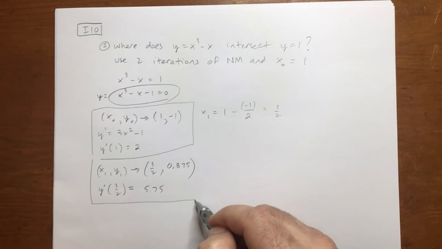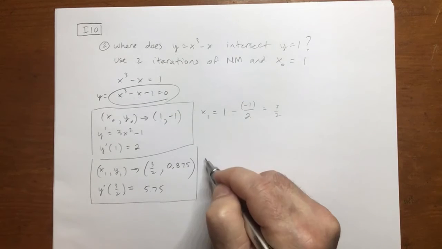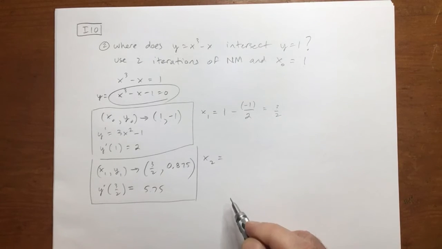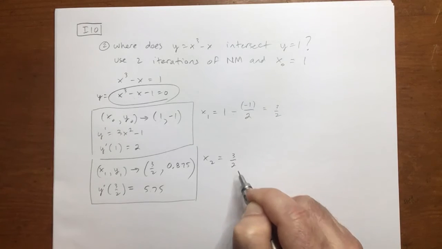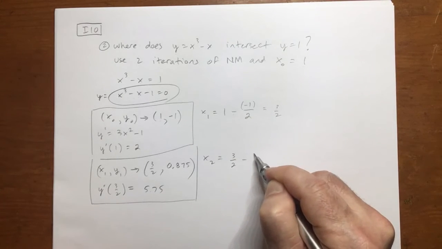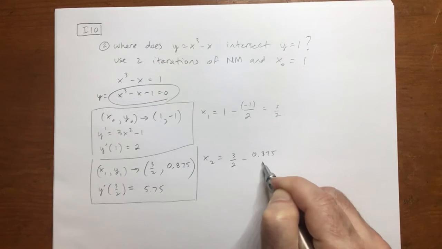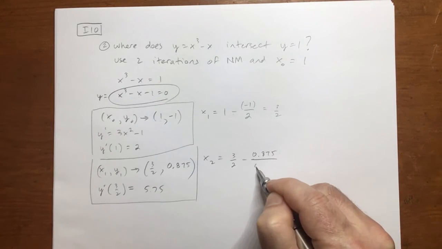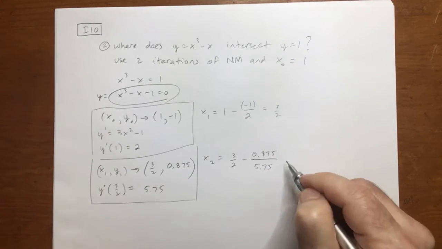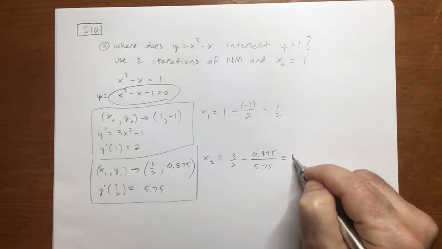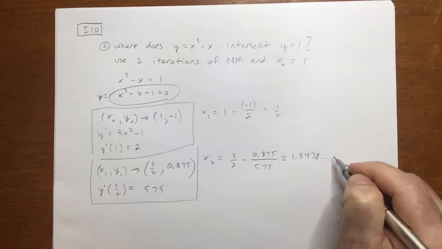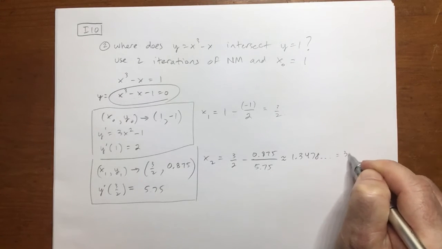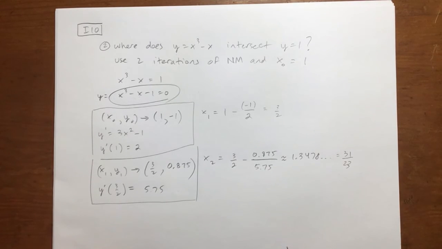And so here's the information I need to find my second iteration of Newton's method. So I have the x I'm starting at, the y I'm starting at, the slope at that point, which is approximately 1.3478, dot, dot, dot, goes on forever, or 31 over 23.